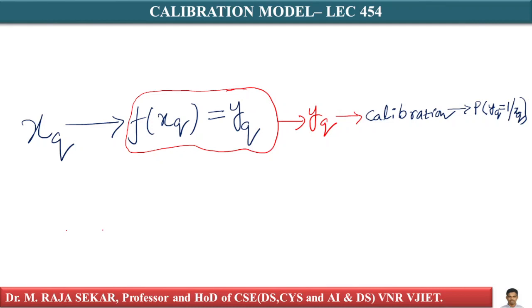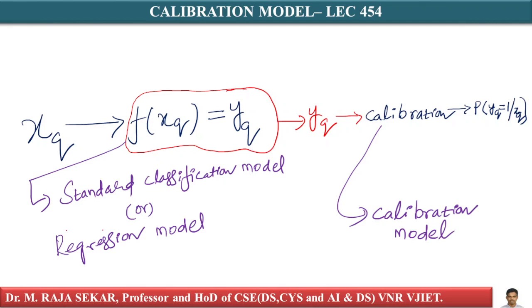Now, what I need to do is, on top of this yq, I need to build another calibration model that takes yq and returns probability of yq equal to 1 given xq, isn't it? This f of xq equal to yq is a standard classification model or some regression model. This is your calibration model, which works on yq.